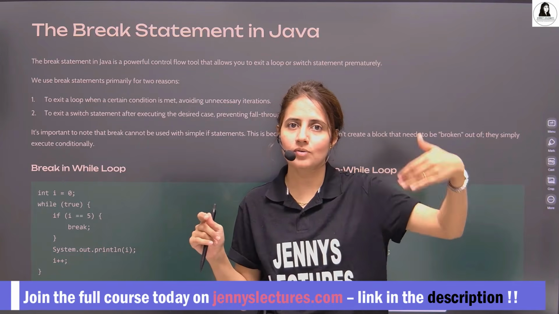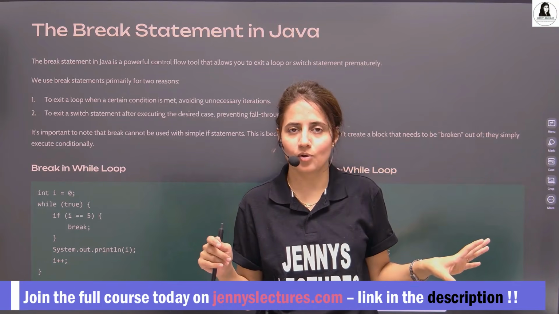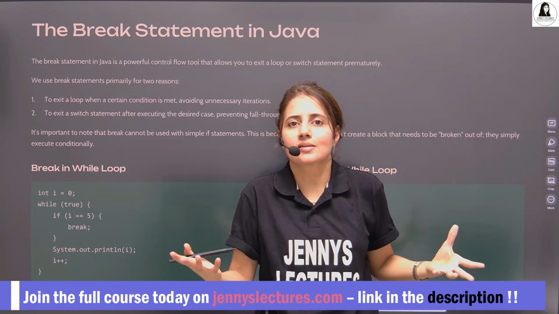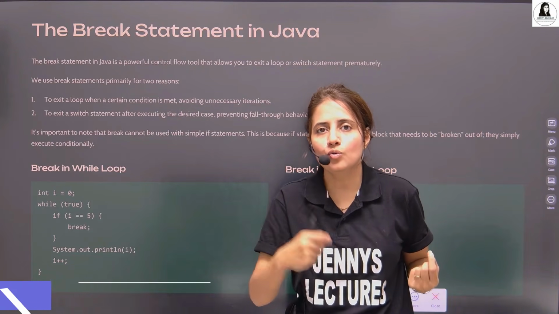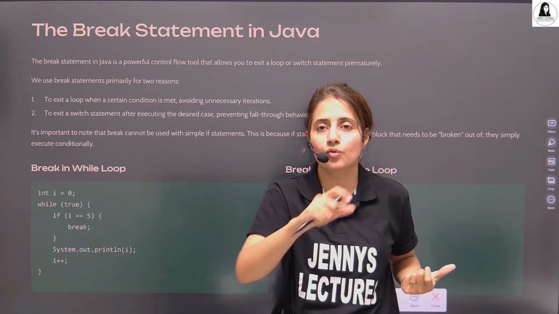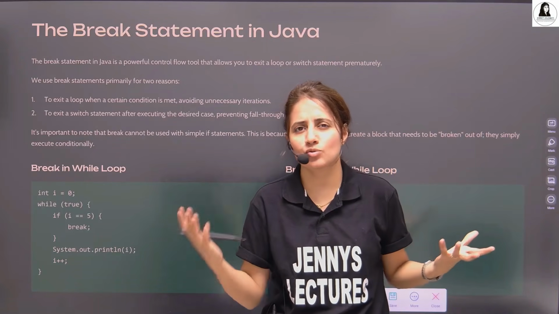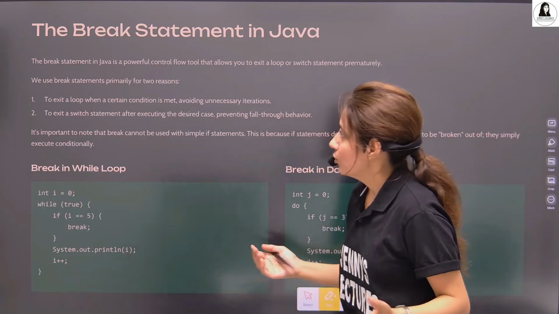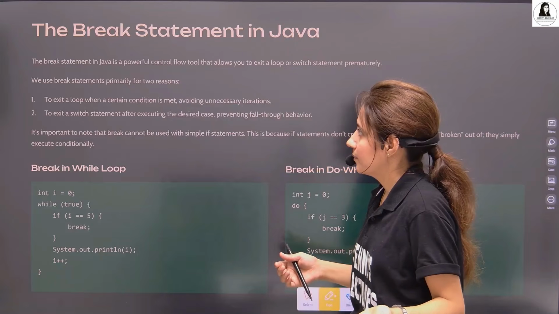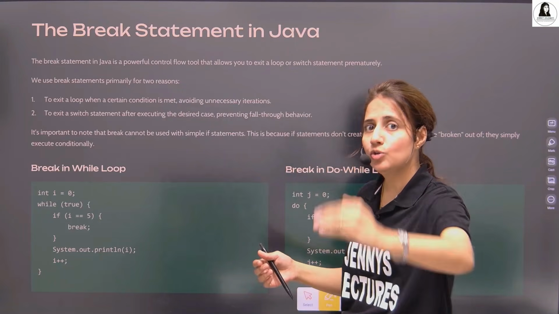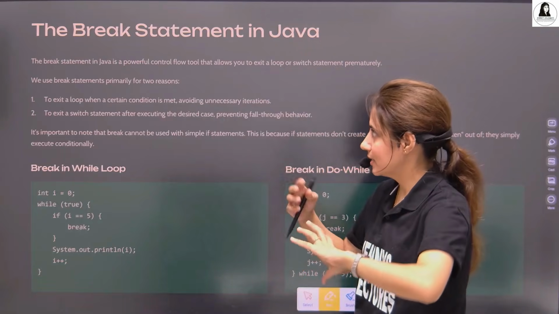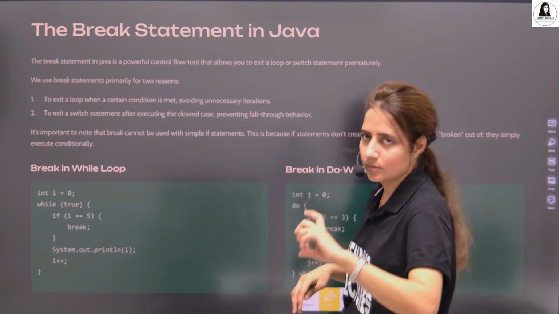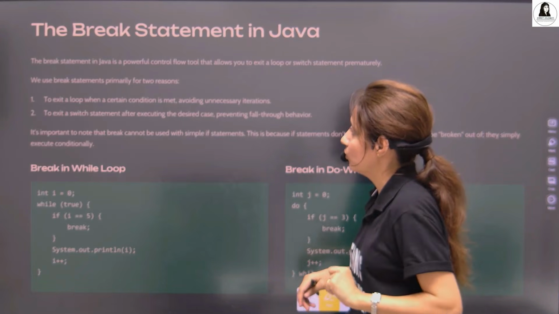I just went to the billing counter and exited from that mall. So like this, if a specific condition is met, based on that, if you want to exit from that loop prematurely or from that switch prematurely, we can use break directly, right? No further execution would be there within that loop or within that switch, right? We'll discuss this with an example and a program also, don't worry.